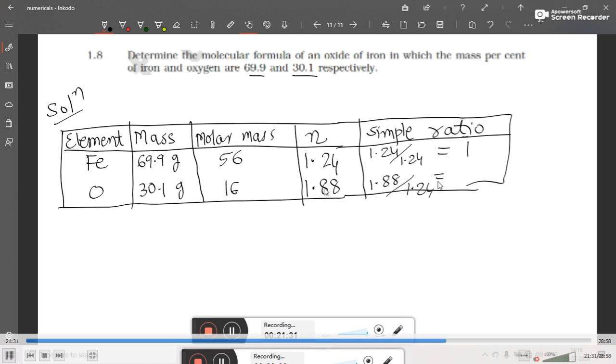Now here smallest number is 1.24. So in simple ratio, you have to divide both the numbers by 1.24. So 1.24 divided by 1.24 is 1 and 1.88 upon 1.24 is 1.5.